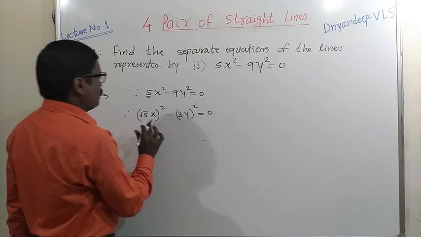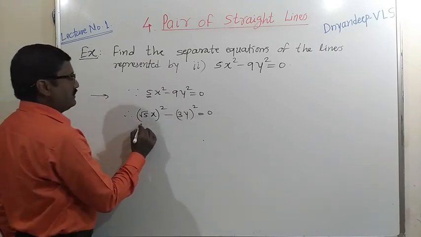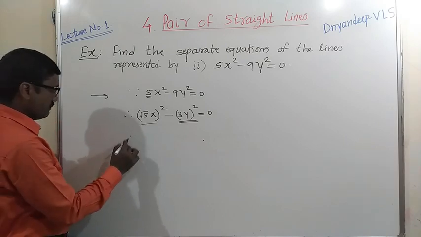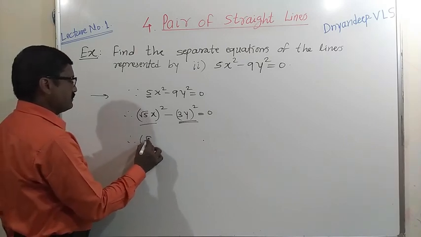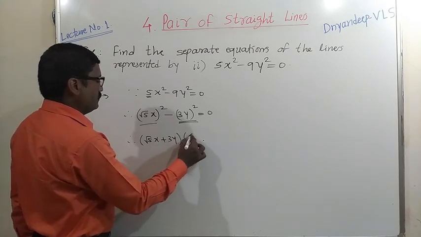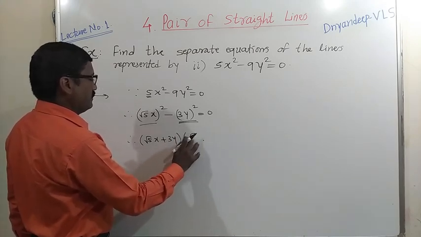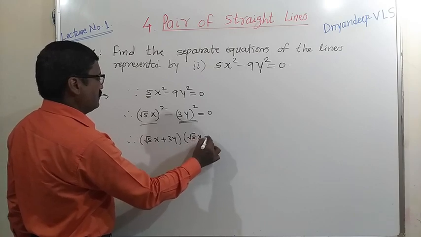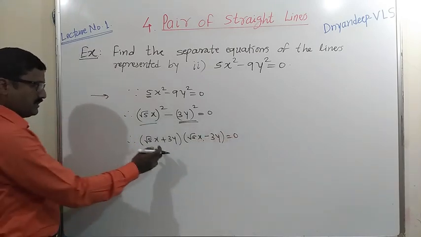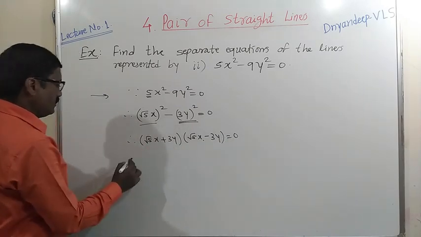equal to 0. Now this is of the form a² − b². So a² − b² means (a + b)(a − b) = 0. Once again the product of two numbers is 0.